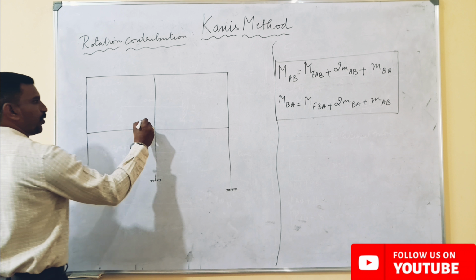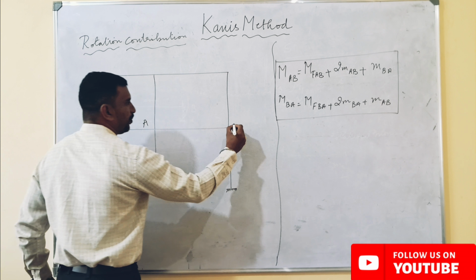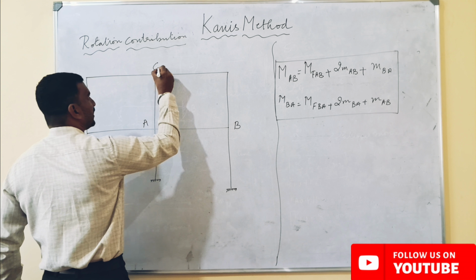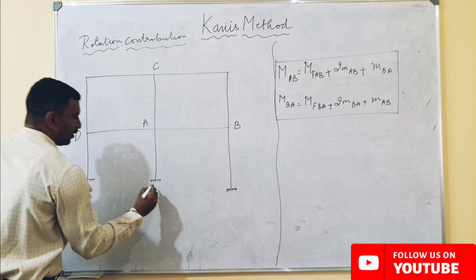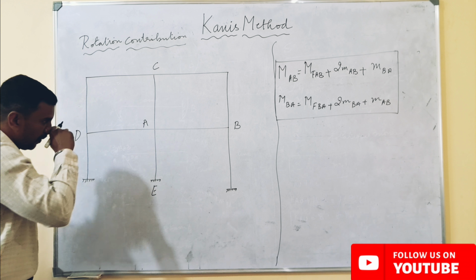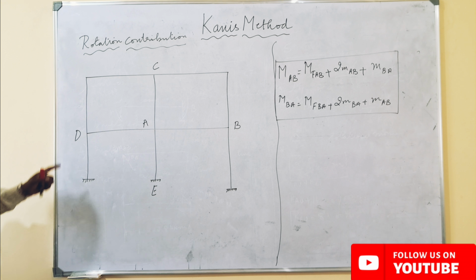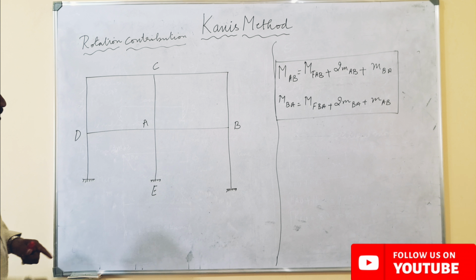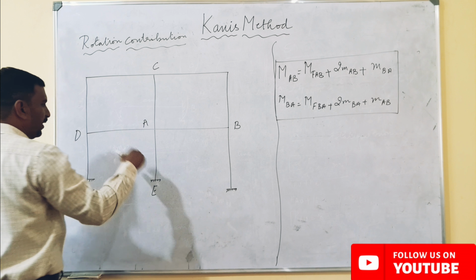Let us take this as joint A, this as B, this as C, this as D, this as E. I am not naming all the joints. For my reference, I am taking only 5 references, that is A, B, C, D and E.